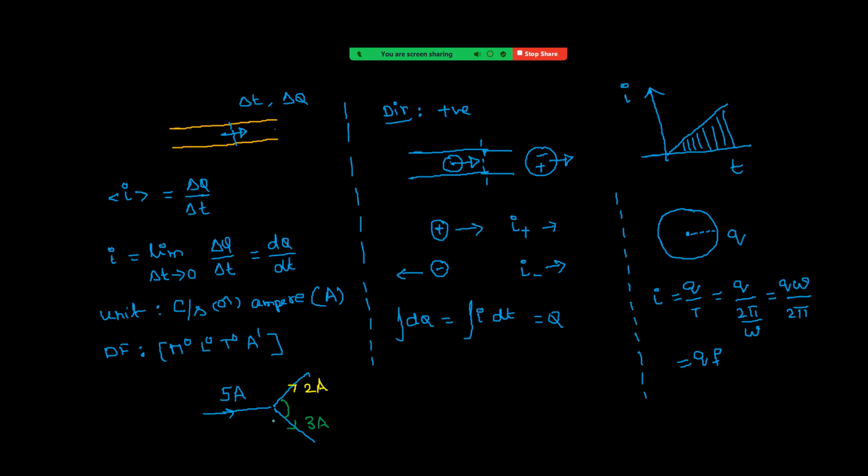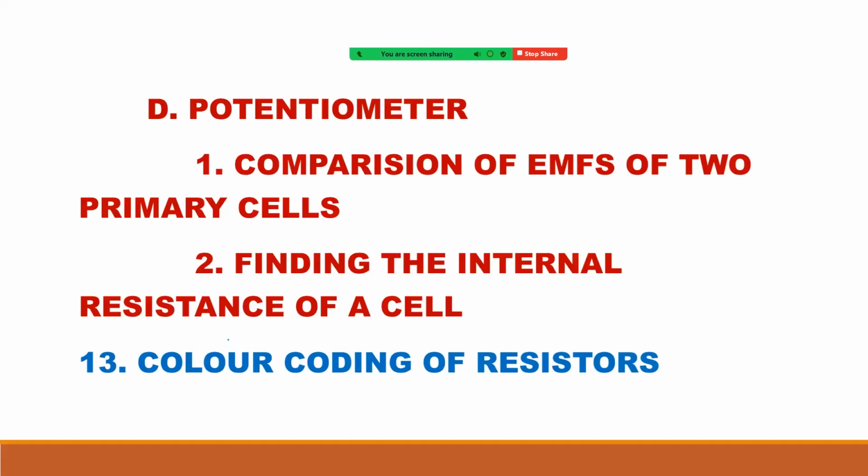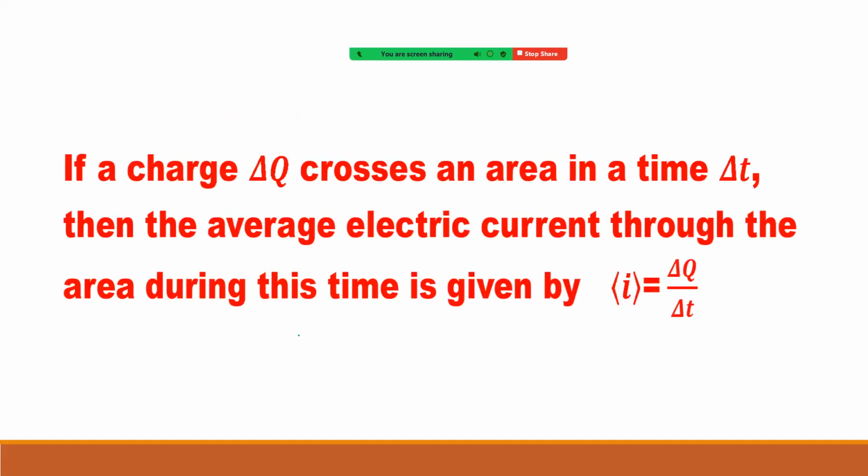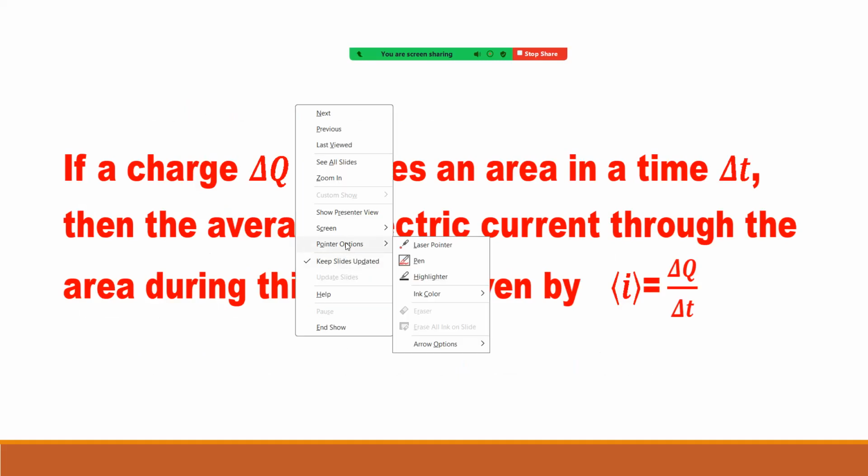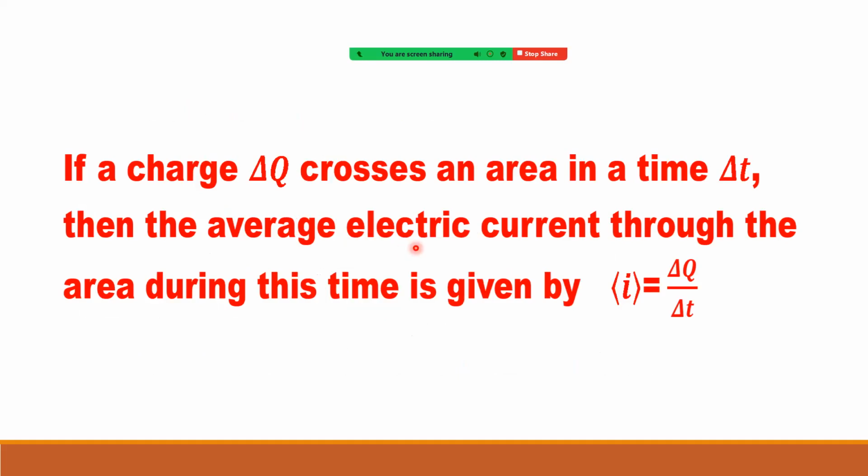Okay. Let us see what we have discussed till now. First we have discussed the definition of average current. So charge delta Q crosses an area in a time delta t. Then average electric current is defined as delta Q by delta t.